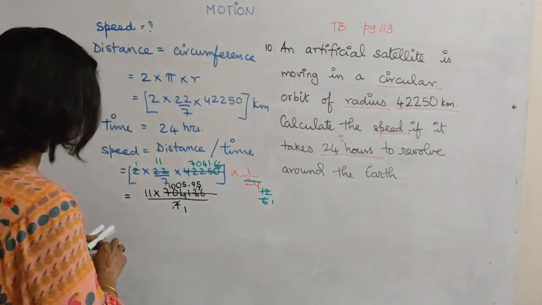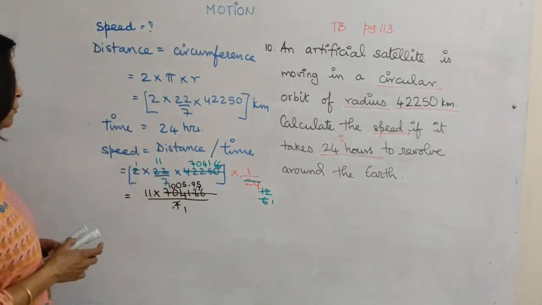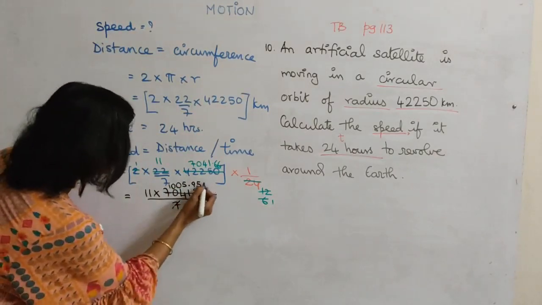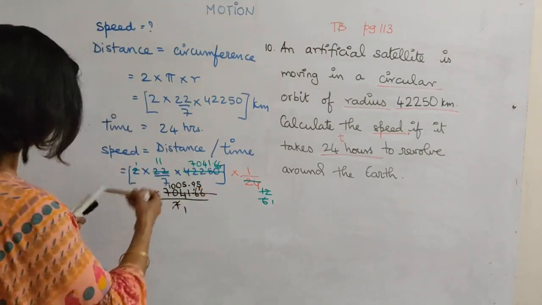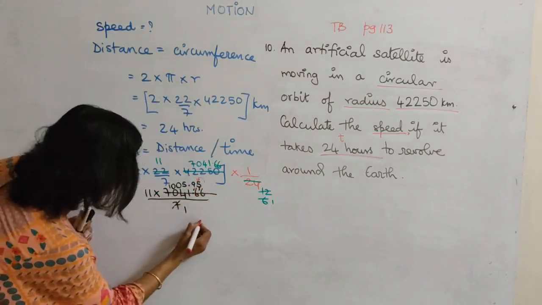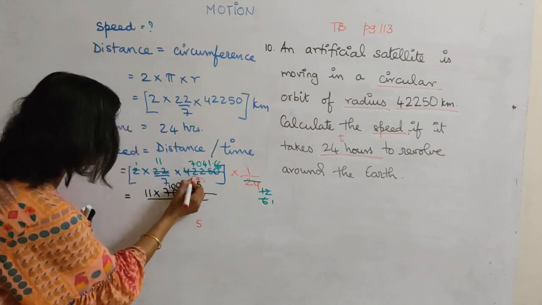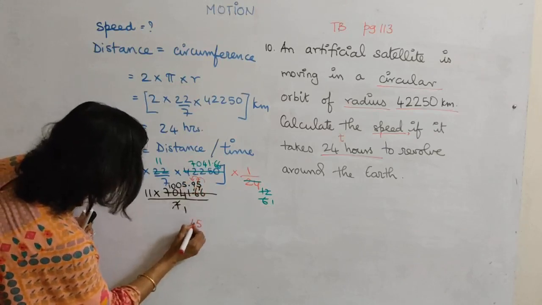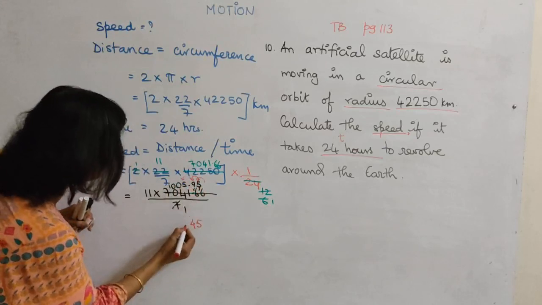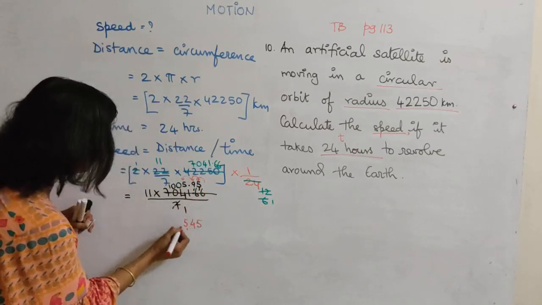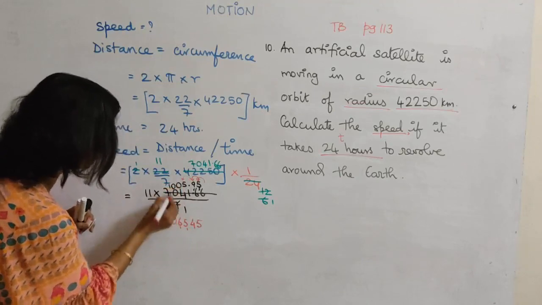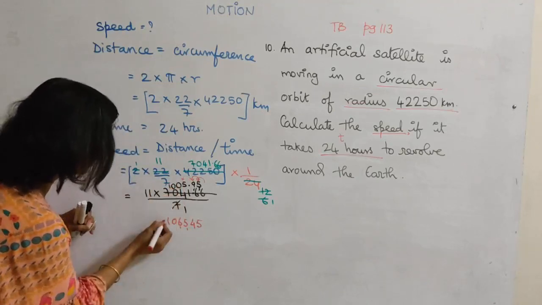So now we have to simply multiply 11 by this number. If you go by Vedic maths, let me use a red pen. Nothing plus 5 gives me 5. 5 plus 9 gives me 14. This is again 14 and 1, 15. 5 and 1, 6. 0, 1 and 1.